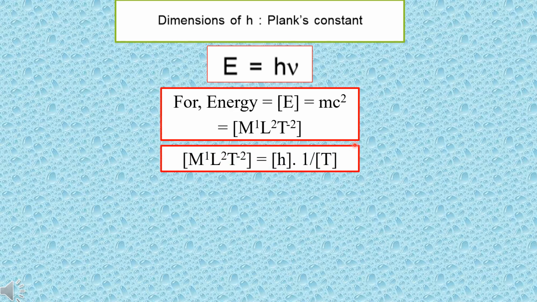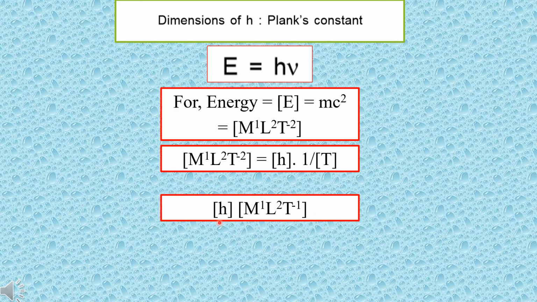And we know that frequency is 1 divided by time t, and for t we write the dimensional formula as capital T in square brackets. By putting the dimensional formula of E and mu, we get [M L^2 T^-2] is equal to h into 1 divided by capital T. And finally we get h is equal to [M L^2 T^-1].